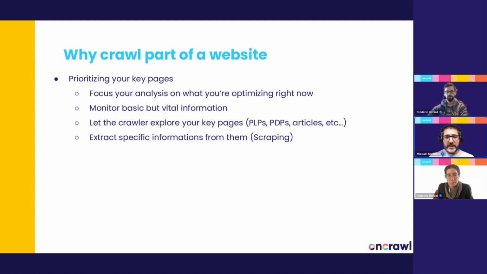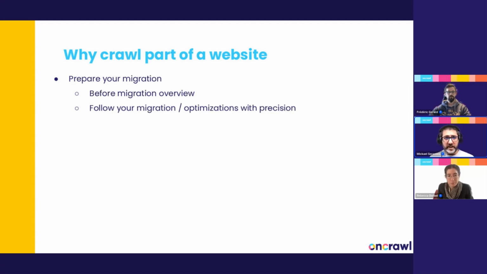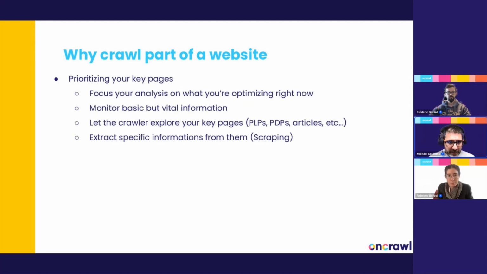And sometimes we want to monitor basic but vital information, but at scale. So it's important to crawl only part of the website and be able to do it easily. So you will let the crawler explore your key pages, such as landing pages, product pages, articles, blog, your archives, for example.